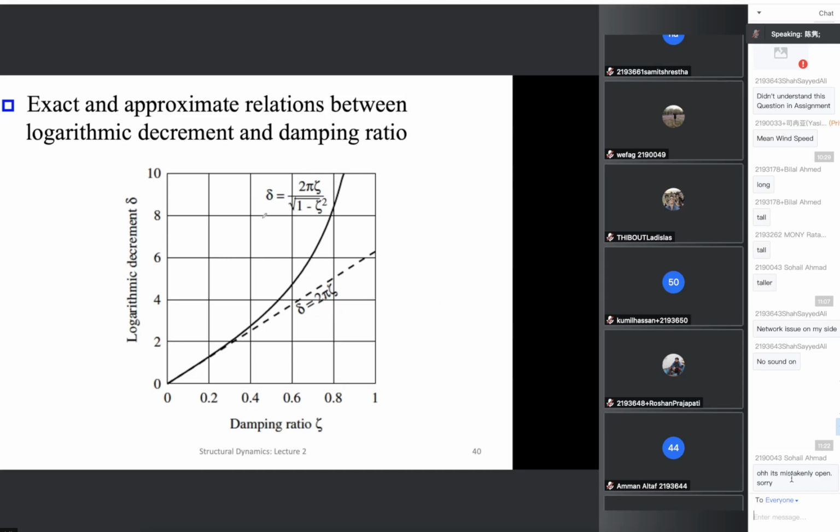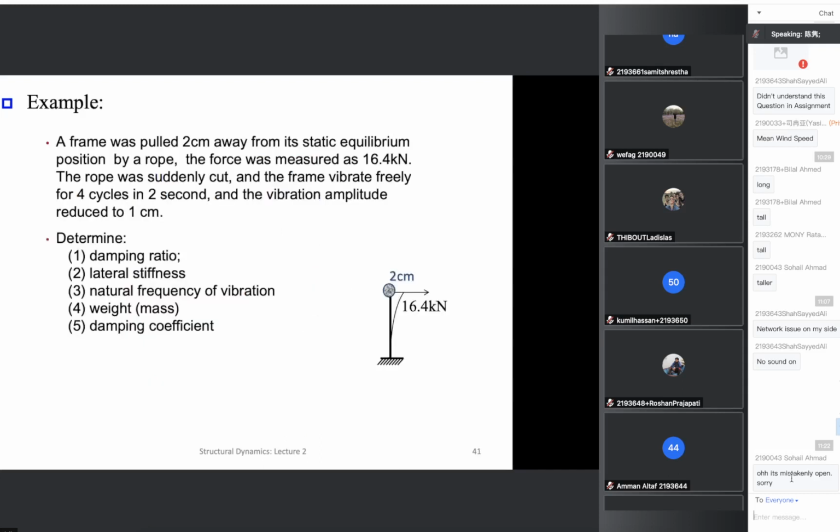You can solve this equation to get the real exact solution, not the approximate solution 2 pi times zeta. But they have a very small difference when the damping ratio is very small. You can see this is the exact solution for delta, and this is the approximate solution, and they are very close.